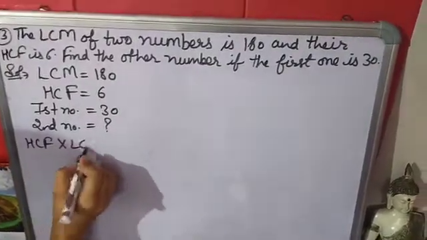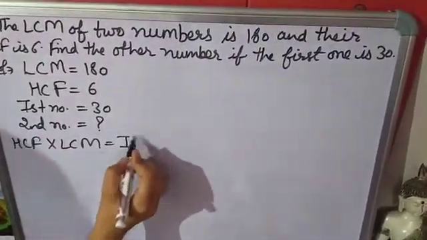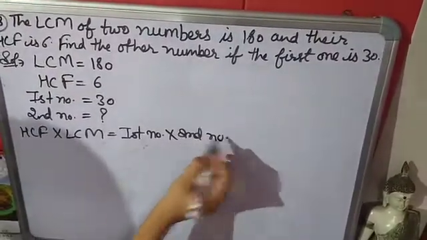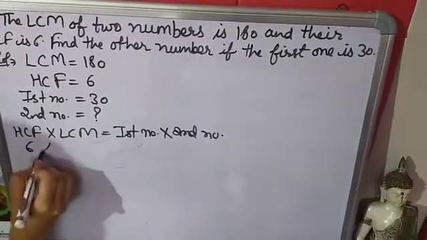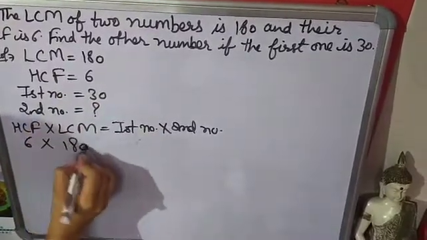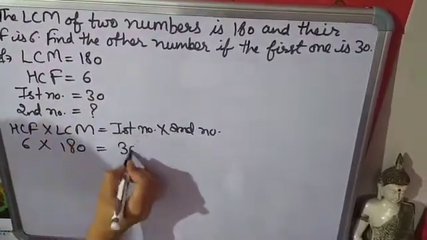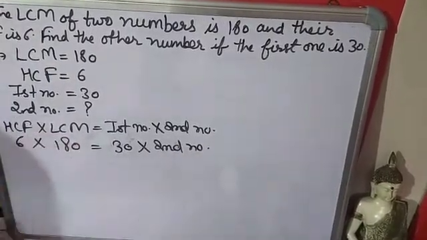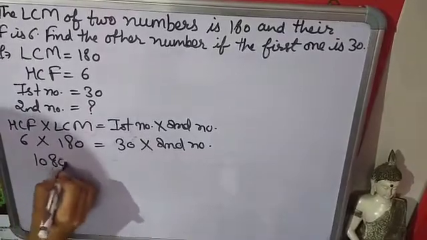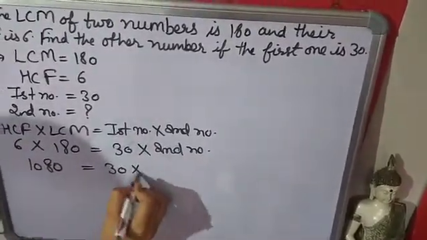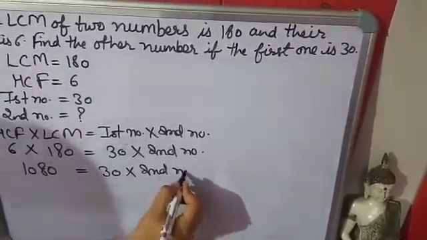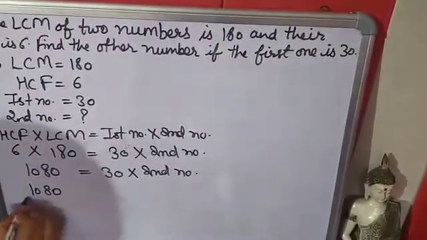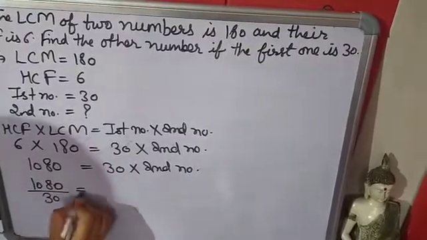HCF multiply LCM is equal to first number multiply second number. HCF is 6, LCM is 180, first number is 30 and you have to find second number. 180 into 6 it will be 1080. Now 30 will come here, so we will divide by 30.